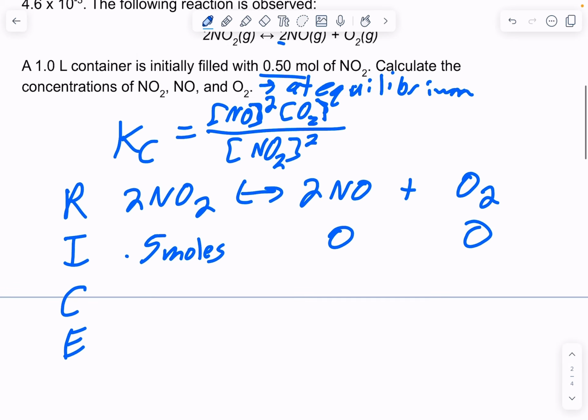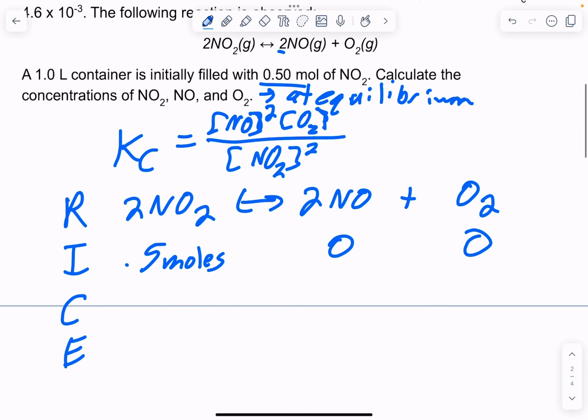For the change, I am going to be losing minus 2x. I'm putting x because I don't know how much I'm losing, and I'm putting a 2 because for every 2 moles I'm losing as a reactant, I'll be gaining 2 moles as a product. So I'm going to put minus 2x there. Same as my NO, I'm going to put plus 2x because I'm gaining 2 moles every single time.